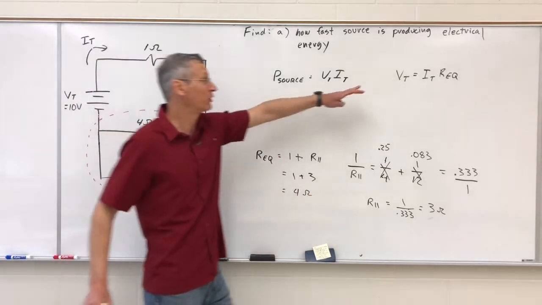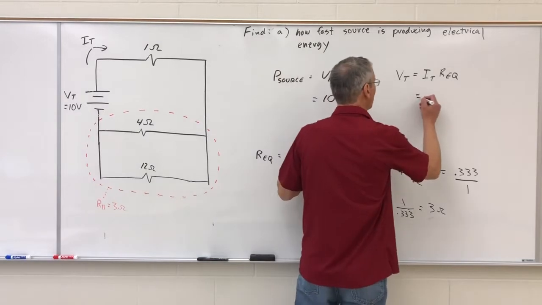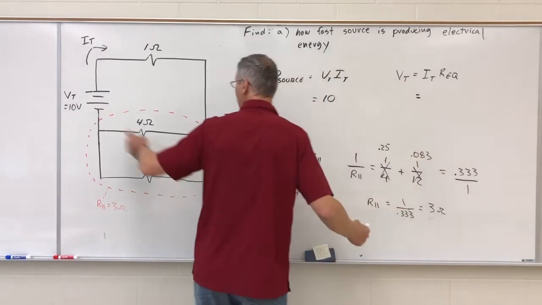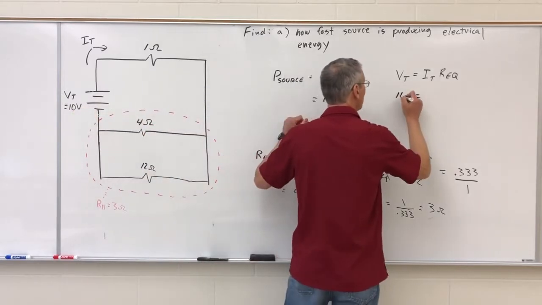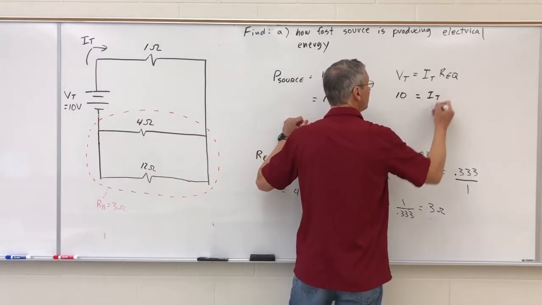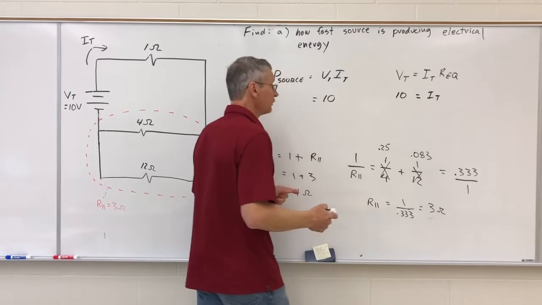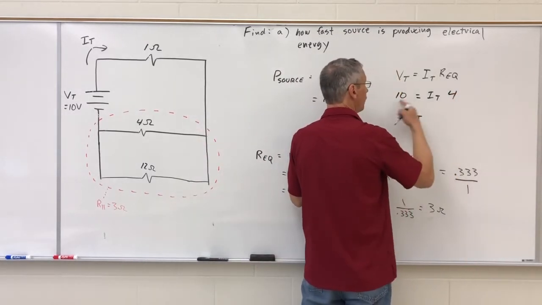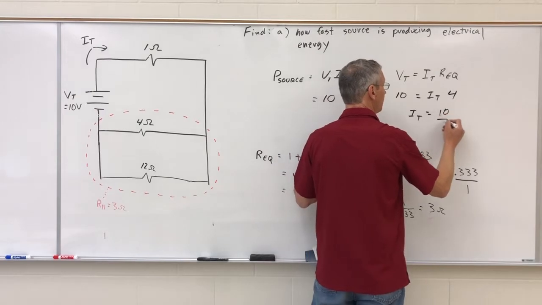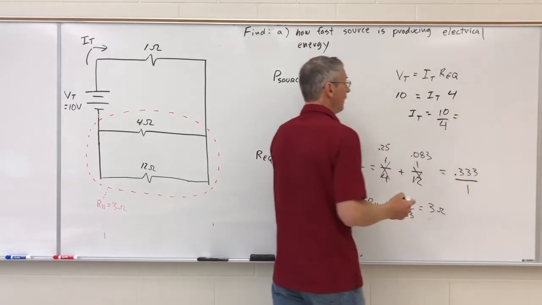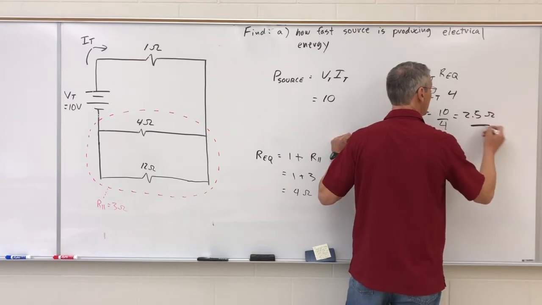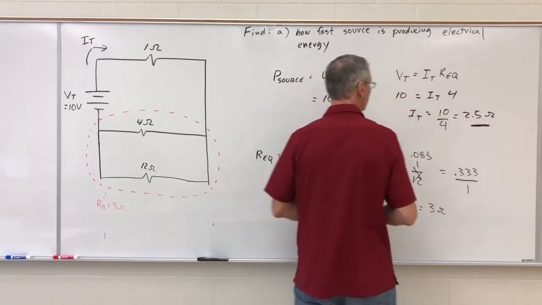So now I can come over here. My total voltage decrease, same as the increase, is 10 volts. The current, that's what I'm trying to figure out. REQ is 4. You solve this equation, the 4 goes over to the other side and goes downstairs, and you get 2.5 amps.